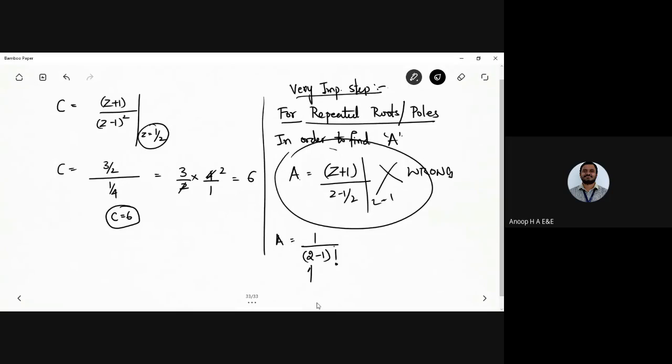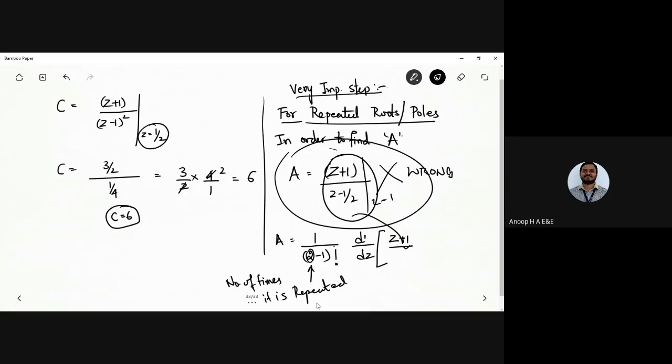Okay, so the number of times it is repeated, I can write it as number of times it is repeated. Next I have d by dz of this function over here, z plus 1. Okay, z plus 1, I need to differentiate it. So differentiate it, (z plus 1) divided by (z minus 1/2).